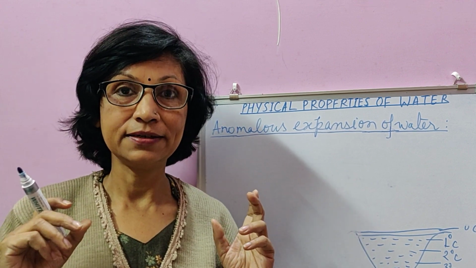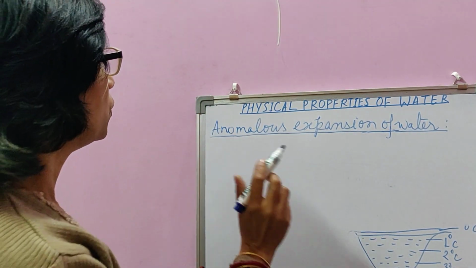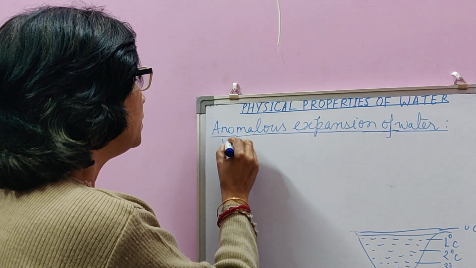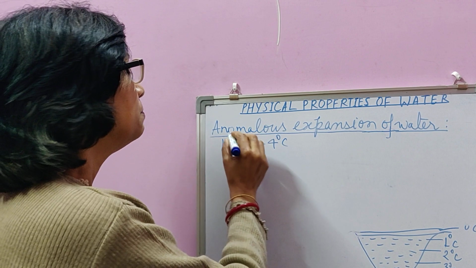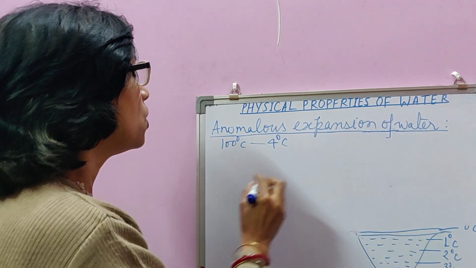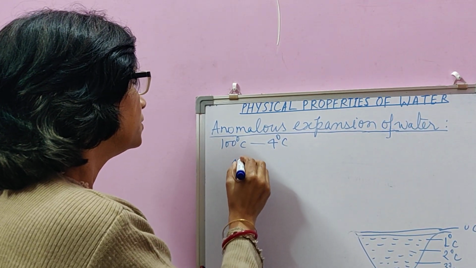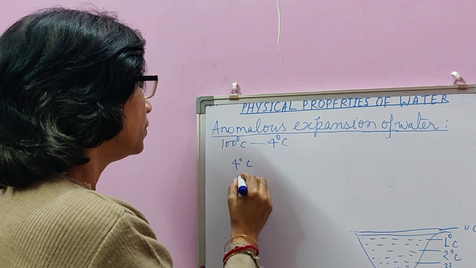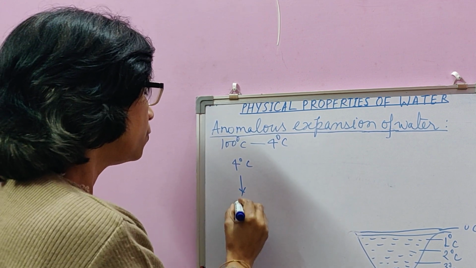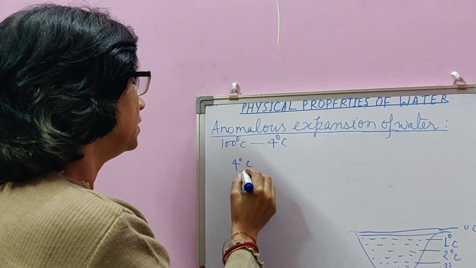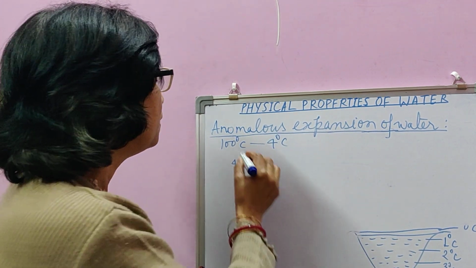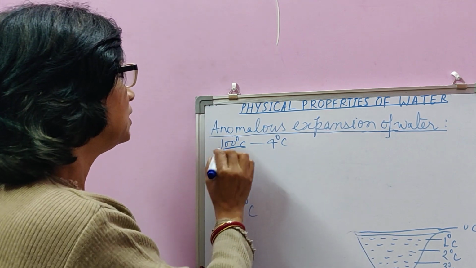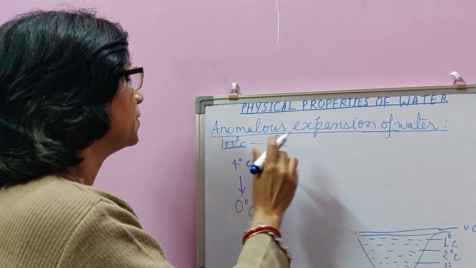They contract. When we talk about water, though water behaves normally between 100 degrees Celsius and 4 degrees Celsius, it expands abnormally when cooled below 4 degrees Celsius. It means from 4 to 0 degrees Celsius, when water is cooled, that is, when its heat is taken away. If we start cooling water of 100 degrees Celsius, then normal things happen.